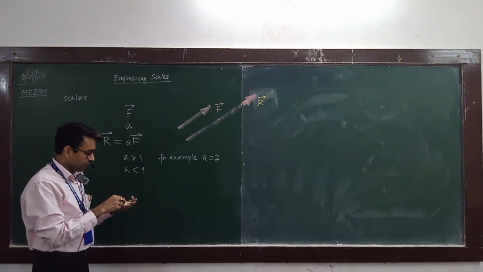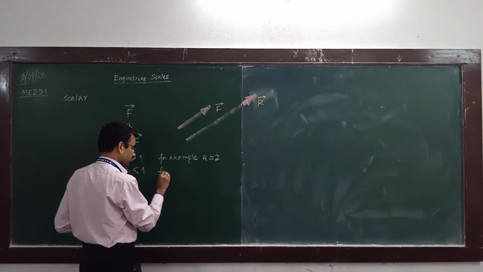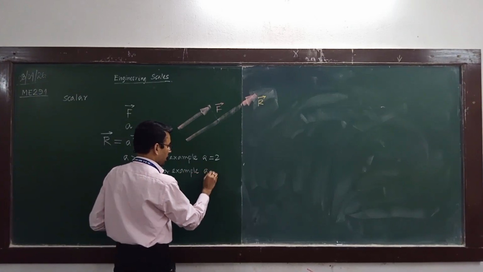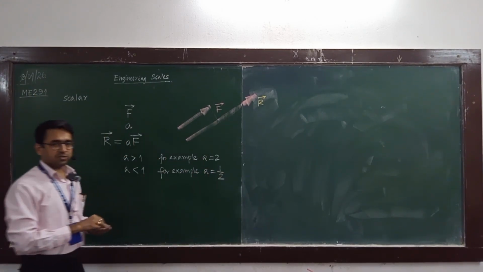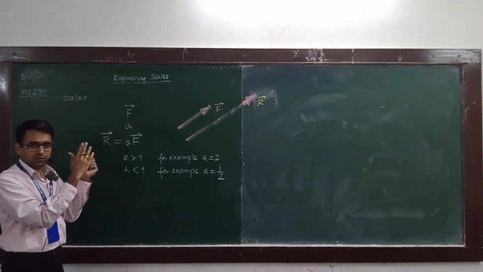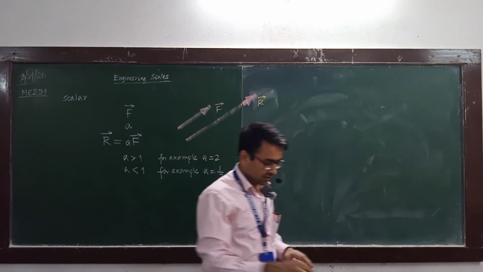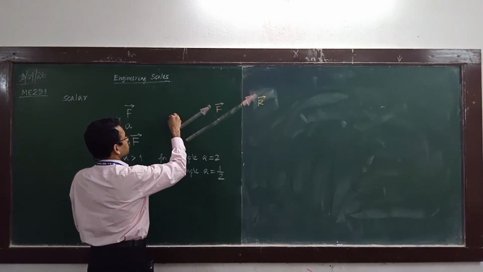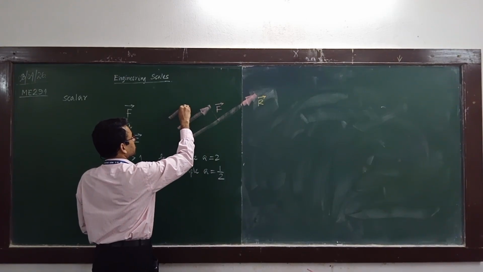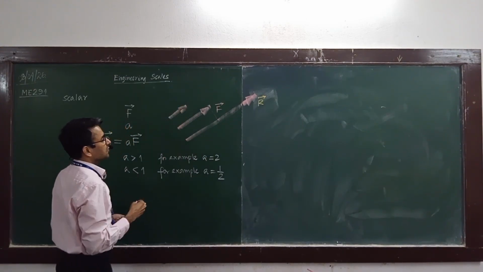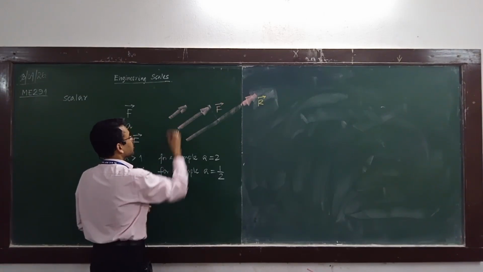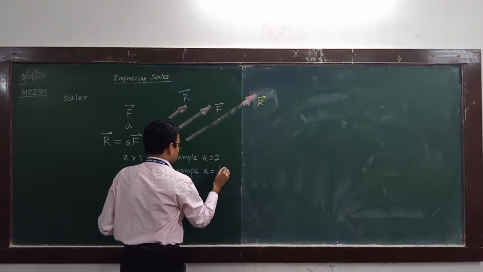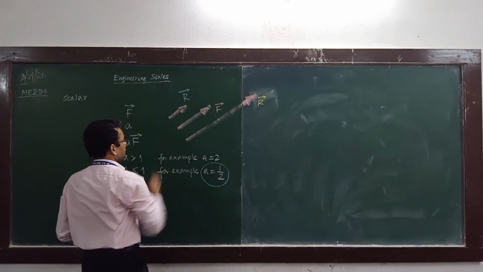If a is less than 1, say for example a is equal to half, what happens to R? It reduces. So R is like this. If a is half, then R is this.